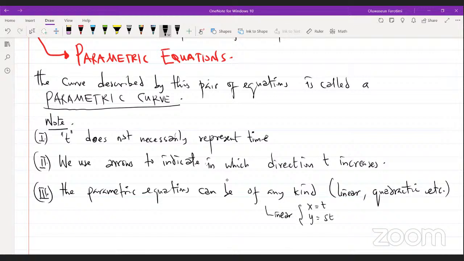So it can even be 5t plus 1. It depends. Now, if it's quadratic, it can just be x equals t squared minus 4, and y equals, let's say, t squared. It all depends.